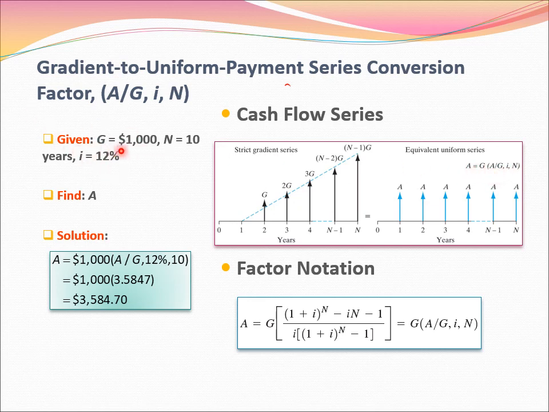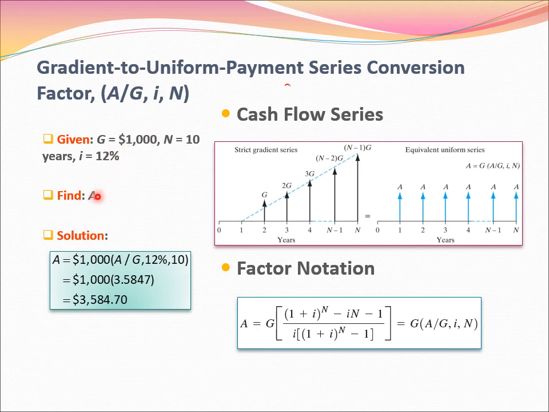In this example, assume G is given as 1000. So starting from the second period, we are increasing the payment by 1000 for 10 periods, and the interest rate is 12%. So if you want to pay this in equal payments, how much do you need to pay?